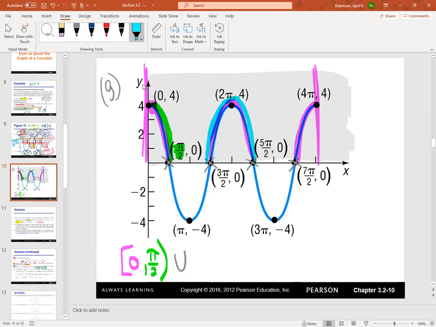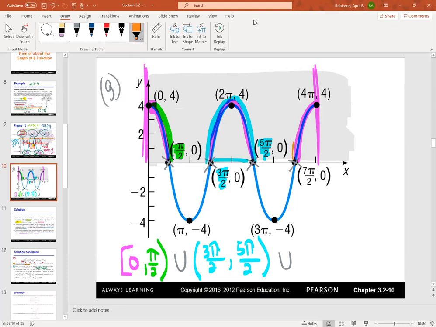So it's going to cover everything in between, going from 3 pi over 2 to 5 pi over 2, but you cannot include the 3 pi over 2 or the 5 pi over 2 because that would be equal to 0. Then another union.